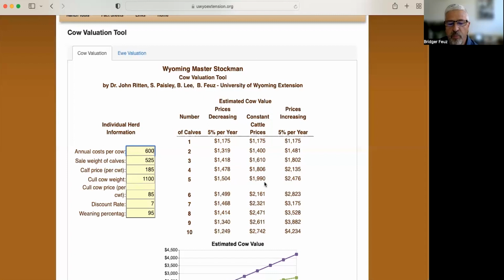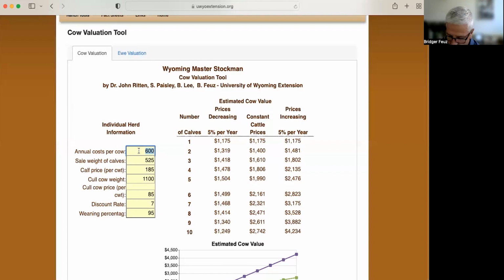Now, I think it's really important in this model to think about your annual cow cost. Cow costs can really vary between producers, and it's not unusual to see a $200 difference in cow costs. So if we keep an eye on this number, right now we can afford to pay $1,800 for that cow if our annual cow costs are $600.